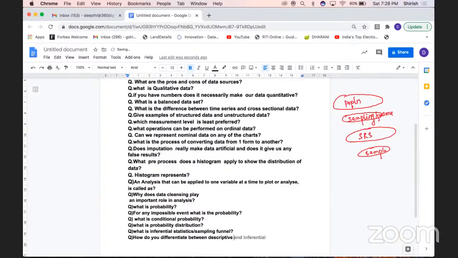What does descriptive statistics do? Inferential statistics, just now we understood, we are attempting to make some inferences from a randomly selected sample. It's our choice, right? You go for any type of sampling technique.